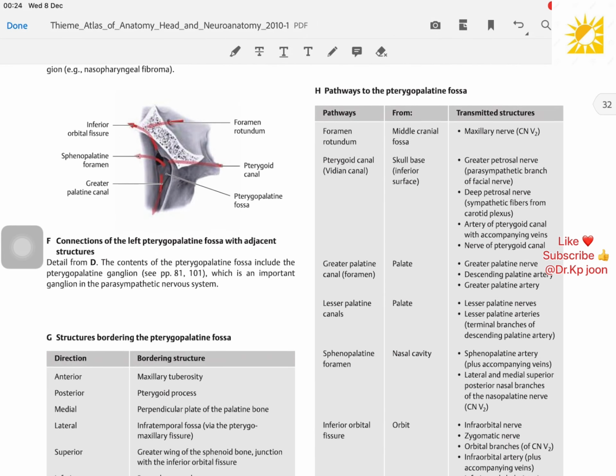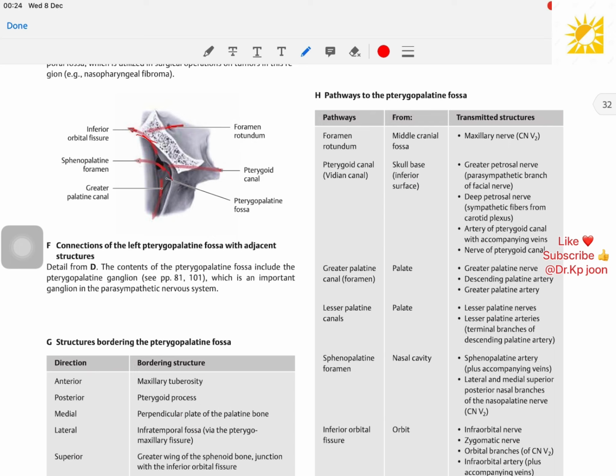If we talk about this diagram, we see the inferior orbital fissure, foramen rotundum, sphenopalatine foramen, greater palatine canal, the pterygopalatine fossa here, and here the pterygoid canal.